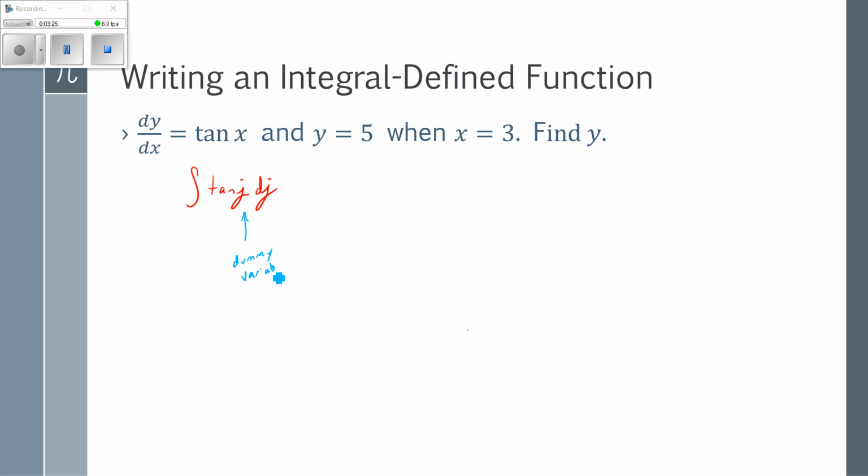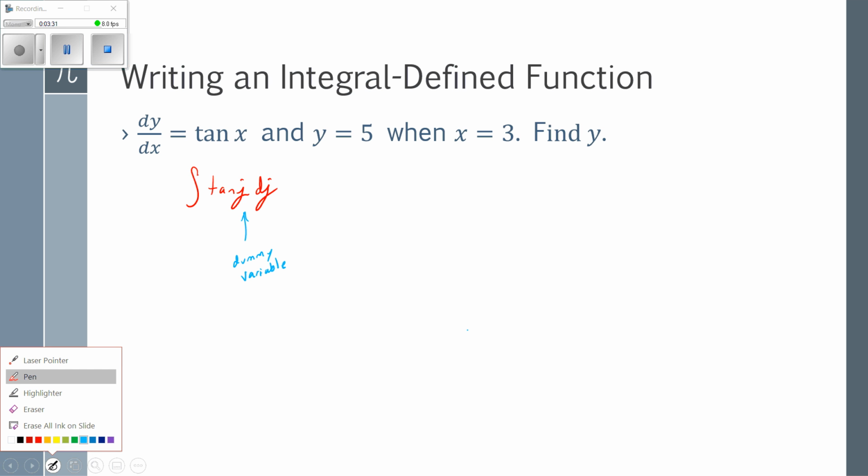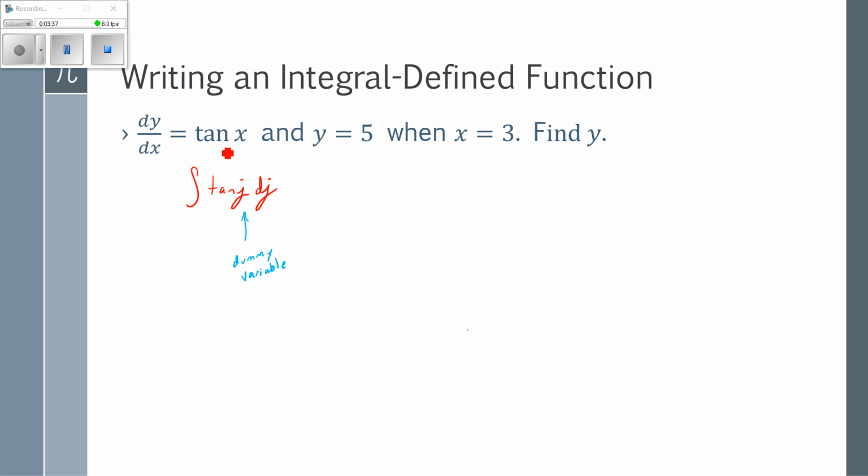It is just placeholding for x because the x is going to have to go somewhere else. When I do this, that's me taking advantage of this part of the FTC saying that to undo a derivative, I take the integral because the inverse operation of a derivative is an integral. But then I have to worry about the plus c because I'm technically finding an antiderivative.